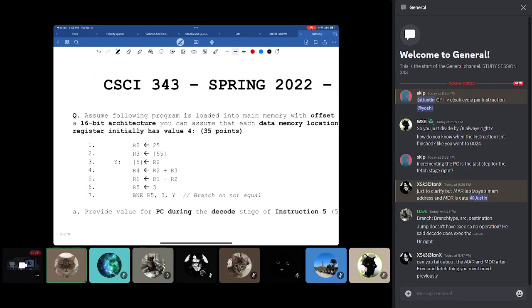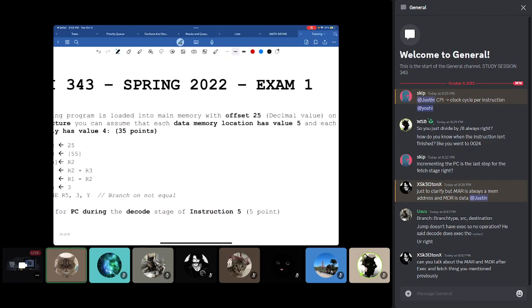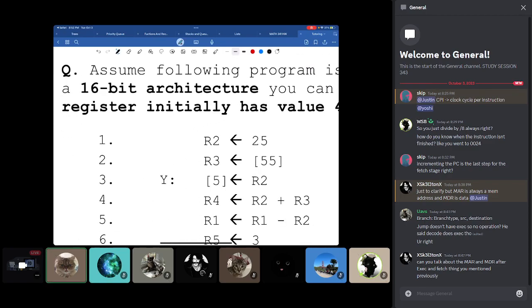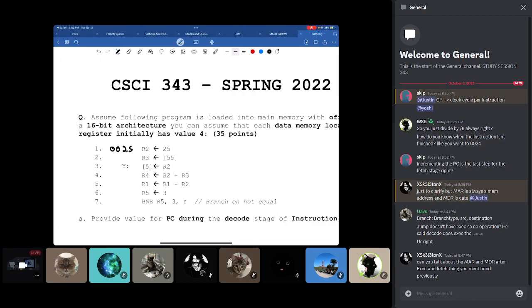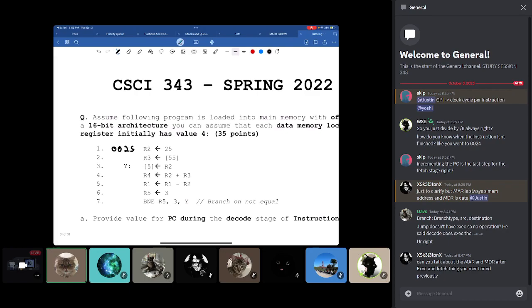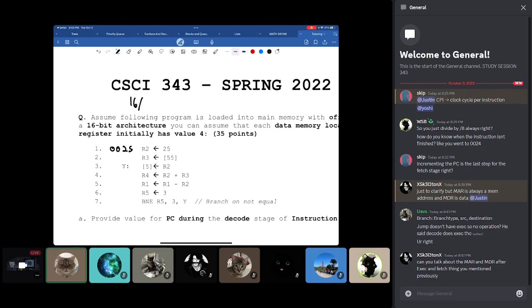And it says, assume the following program is loaded into main memory with offset 25. Boom. You already know. 0025. On a 16-bit architecture. Boom, boom, boom. That's 2. We already know that.